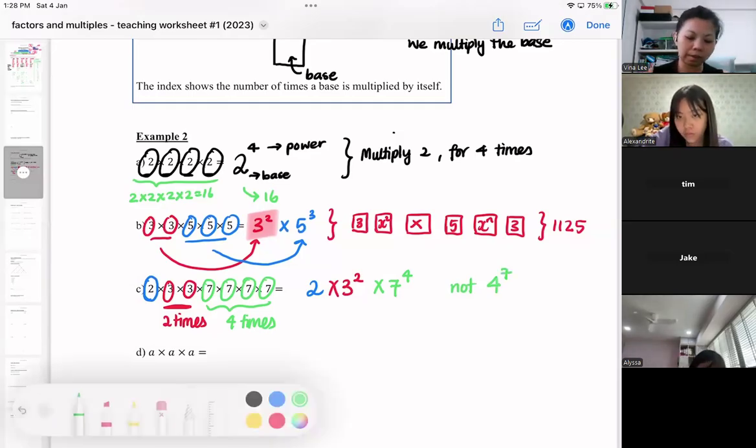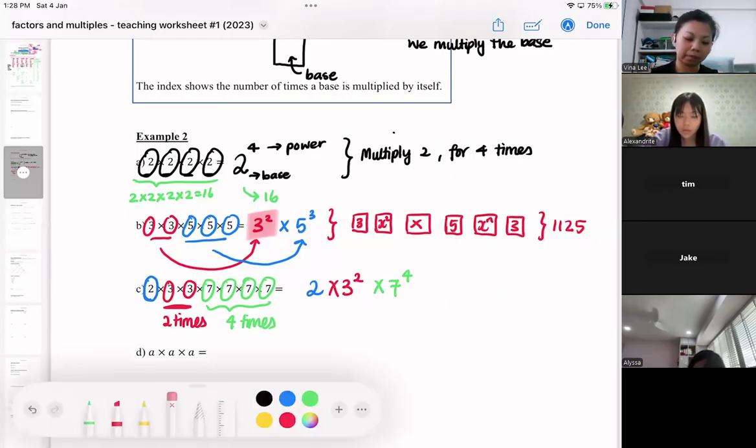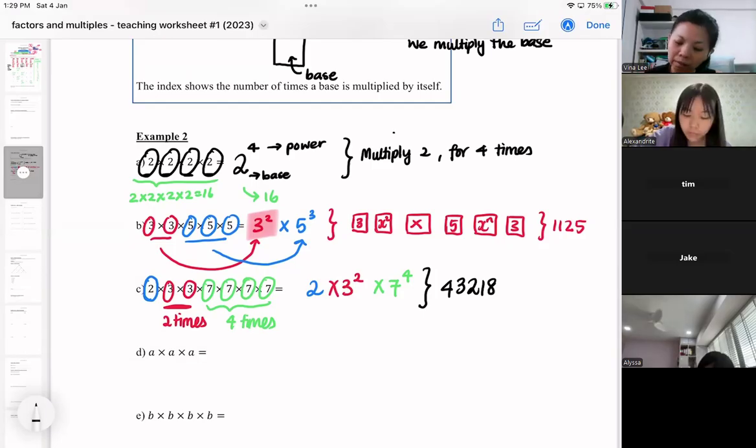So that's how you write your index notation. You can try it on your calculator. Use the power button and the square button.